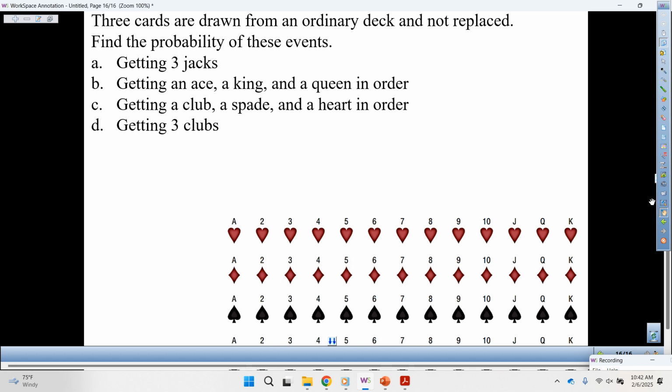Did you tell your neighbor already? Because this is what it's going to depend on, this formula for that. All right. Then it says, find the probability of these events. Let's start with 3 jacks. So let's start. I want you to write A, get 3 jacks.